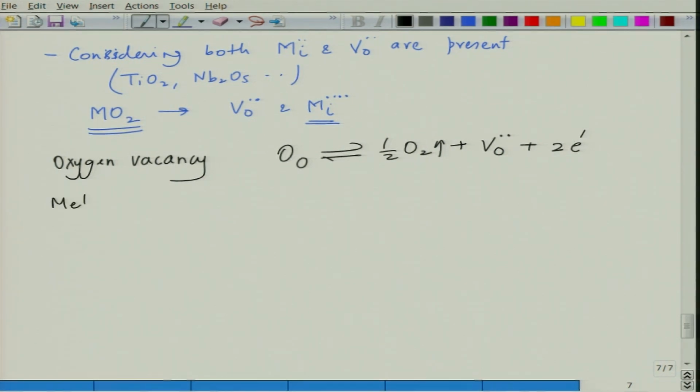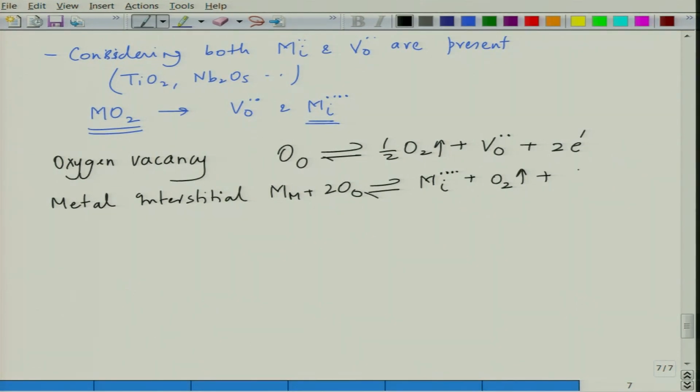For metal interstitial, I can write this as MM plus 2OO goes to Mi plus O2 plus 4 electrons.